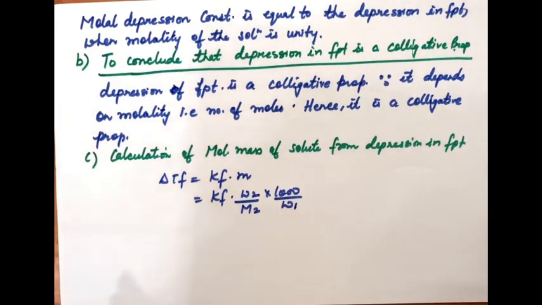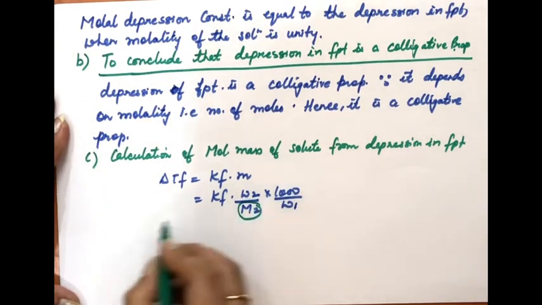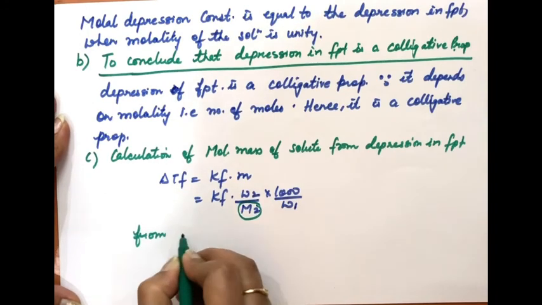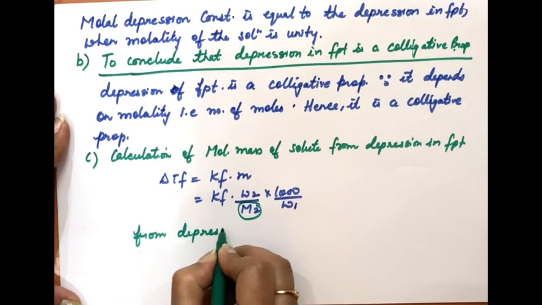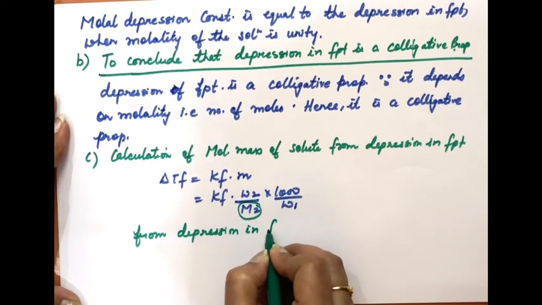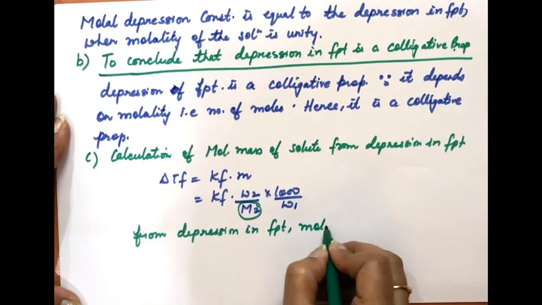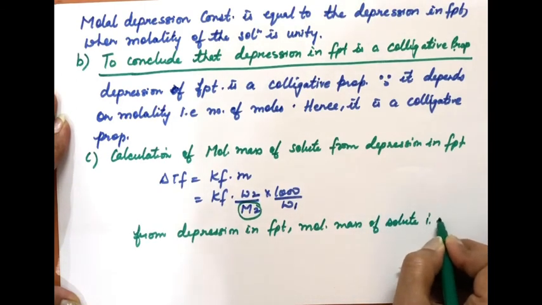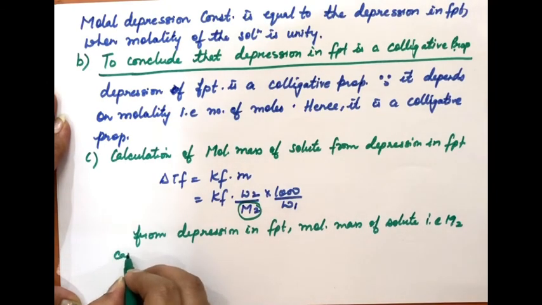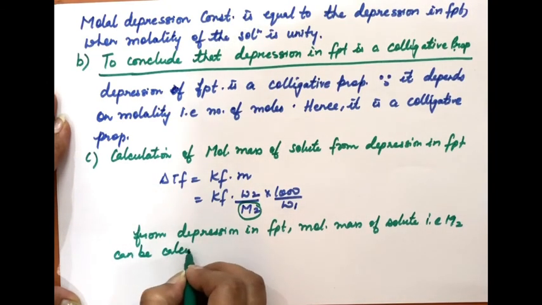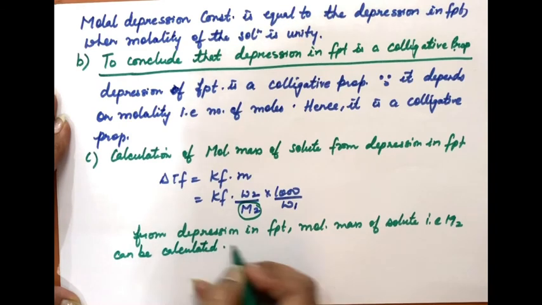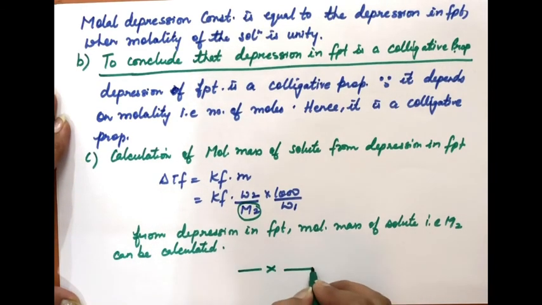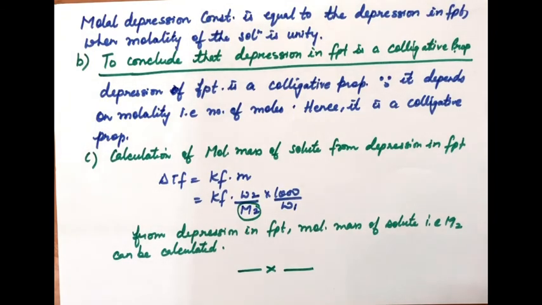So since in this formula there is M2, with the help of this colligative property, from depression in freezing point, molecular mass of solute, that is M2, can be calculated. So this is about this colligative property that is called depression in freezing point. Now only one colligative property is left in this, that is osmotic pressure, that we'll do separately.